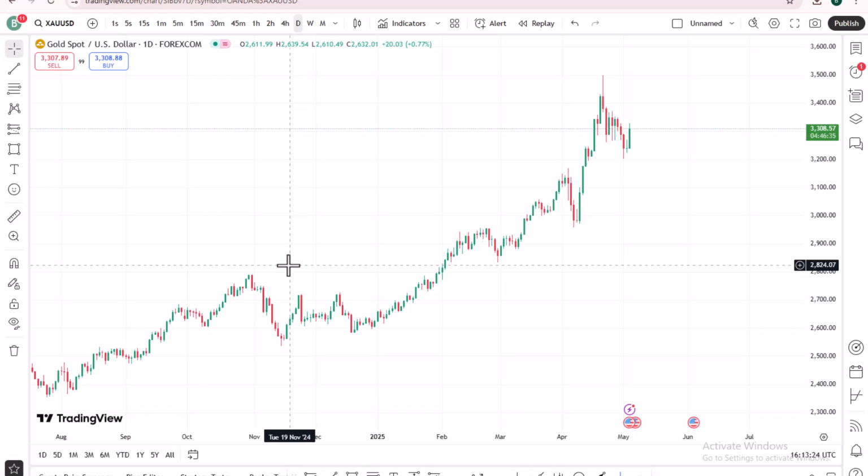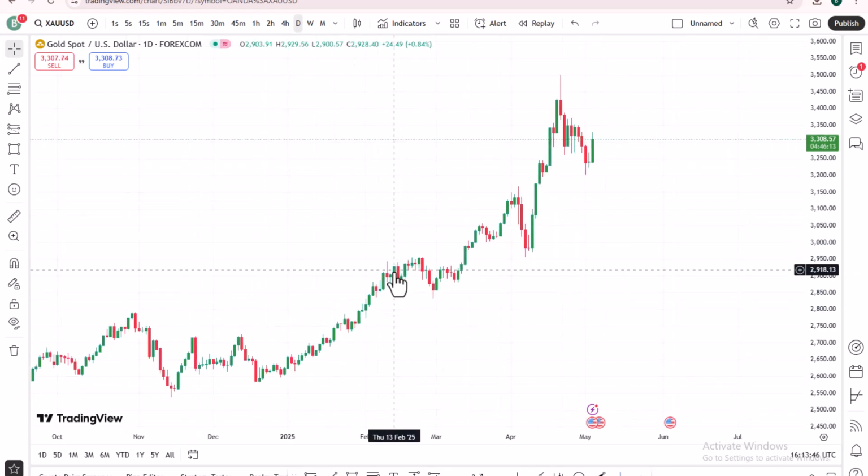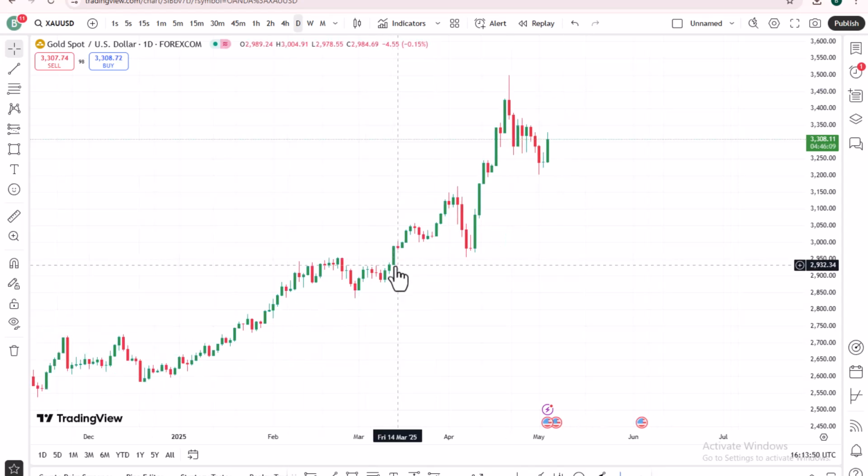I can be in a trade for a long time and it will still be around my entry point. So I decided to get a pair that's very volatile, and that's when I discovered gold. Today I'm going to show you my simple strategy.